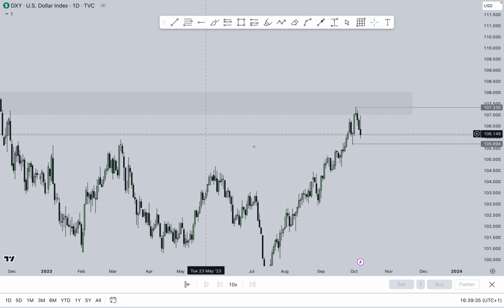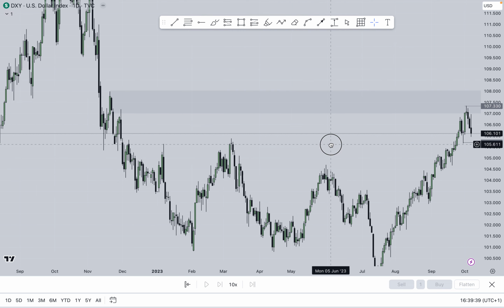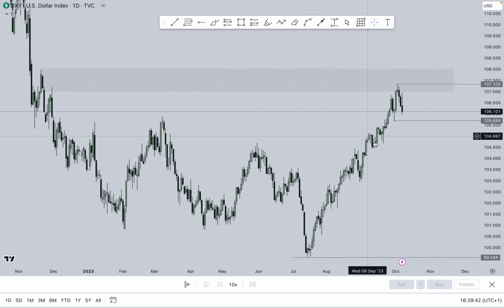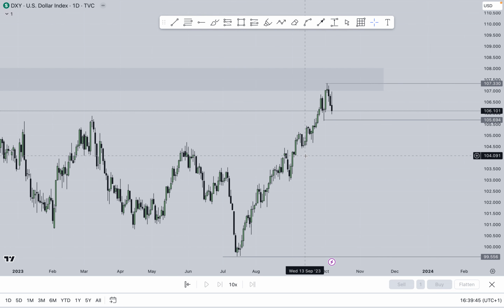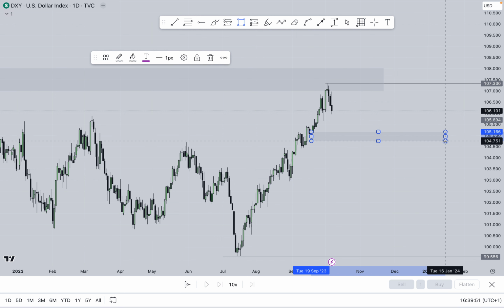So we can have a small inducement to push it upside. Now we know on the higher time frame the DXY is buying. So what we're looking for now, I would say we'll have fair value gaps here where we can see price reacting off this area.